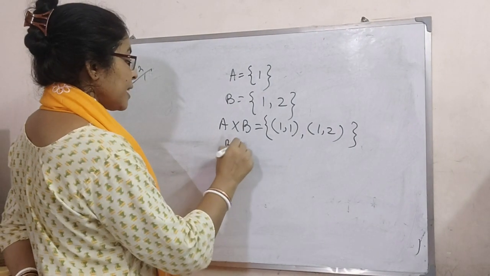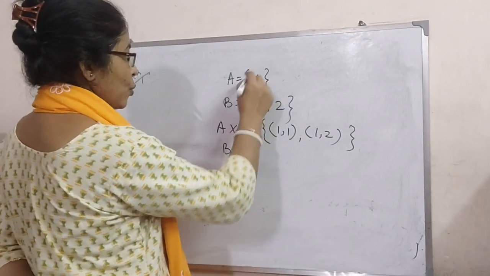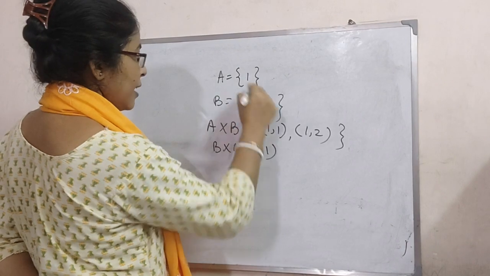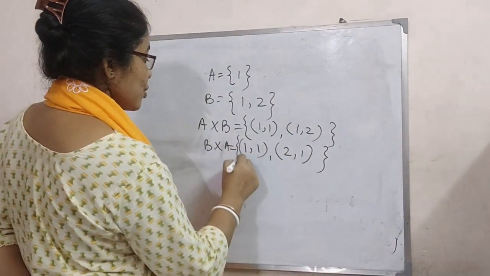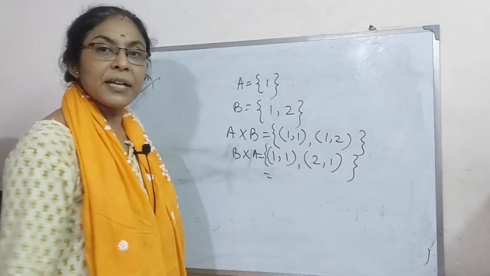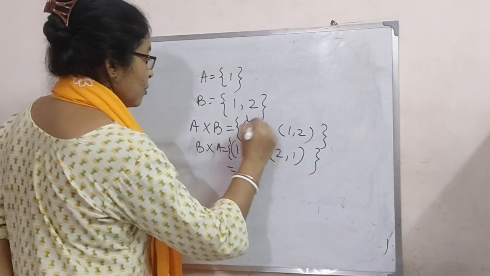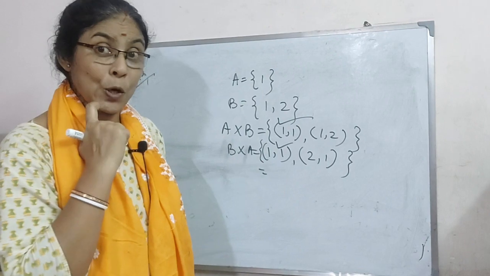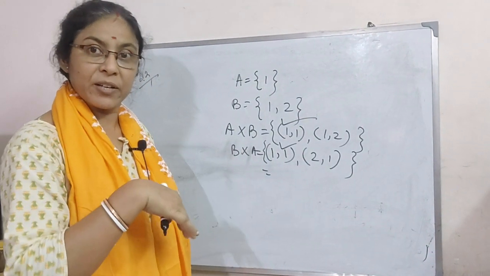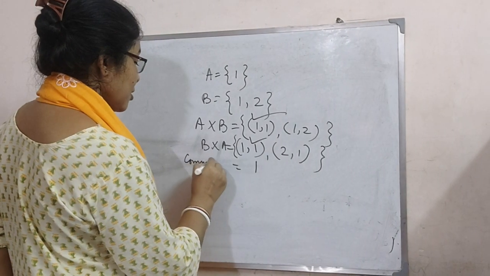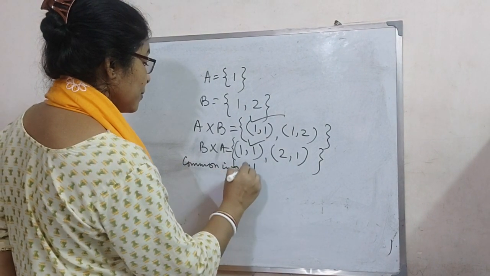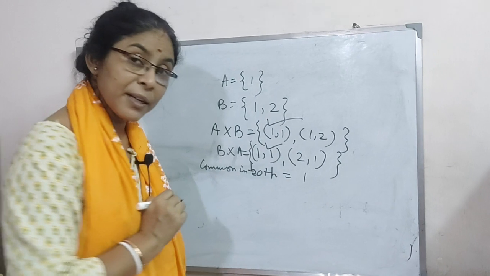And B cross A equals (1,1) and (2,1). So which element is common? (1,1). This element is common in both A cross B and B cross A. So the common element is 1.